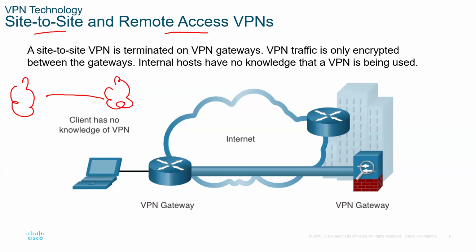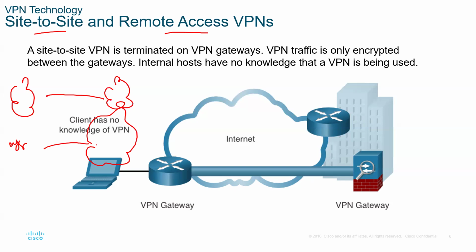On the contrary, the remote access one is usually a case where a remote user gets access to resources via VPN. So here we have a user getting access to the network. There is a difference there.